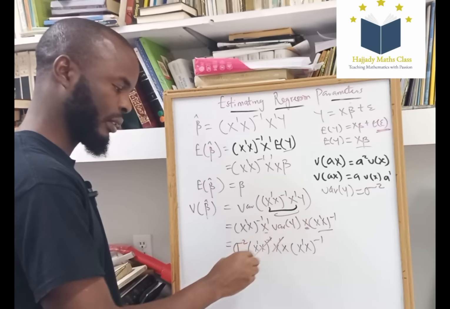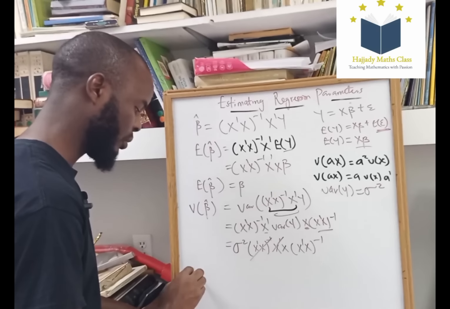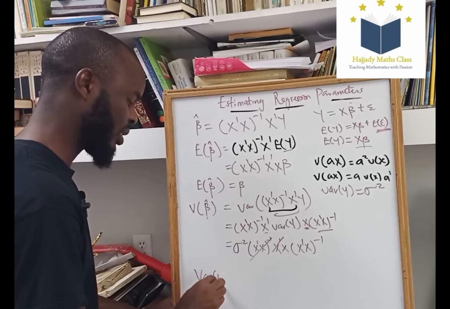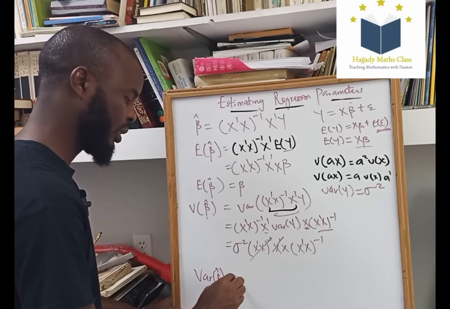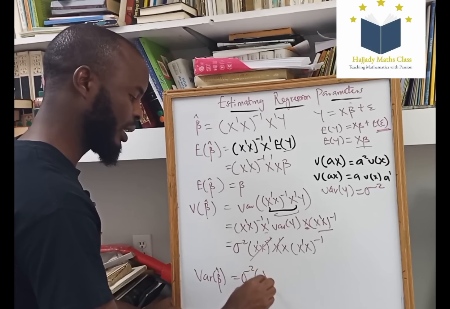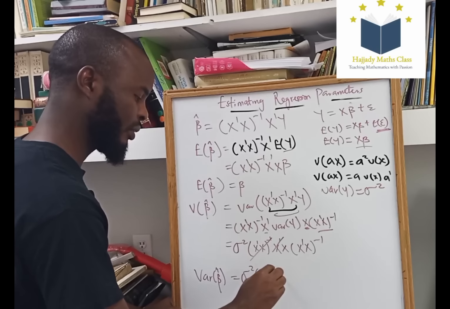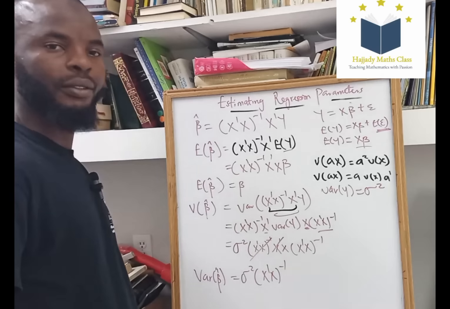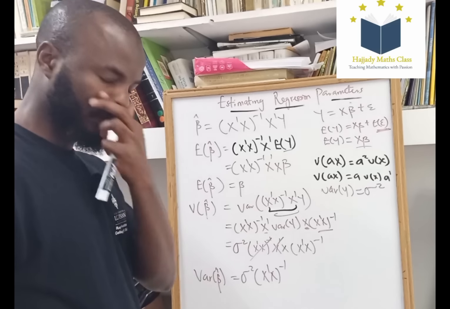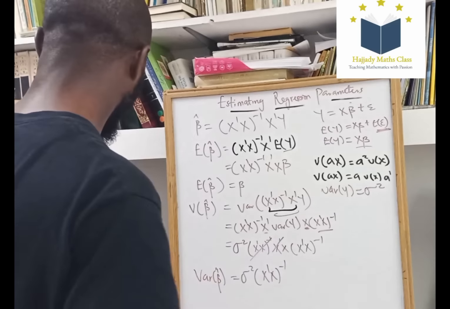So this goes. Therefore I can say that the variance of my beta cap is going to be sigma squared X prime X inverse.